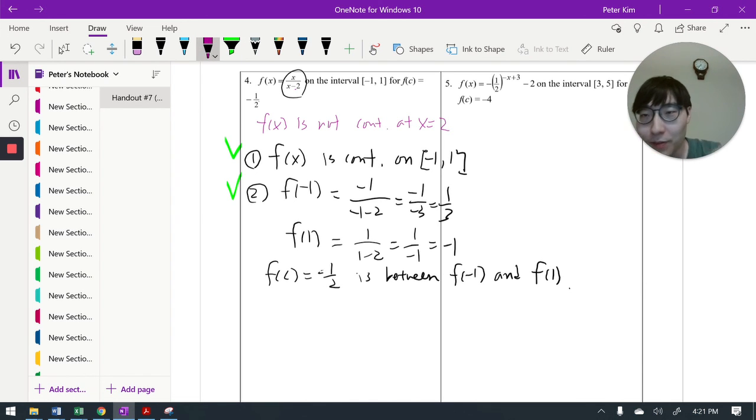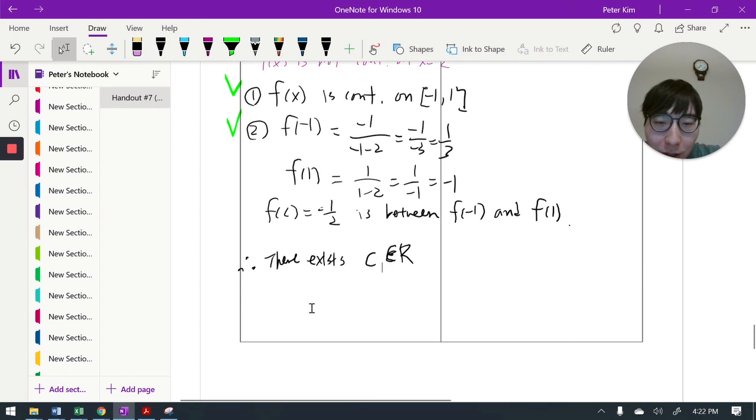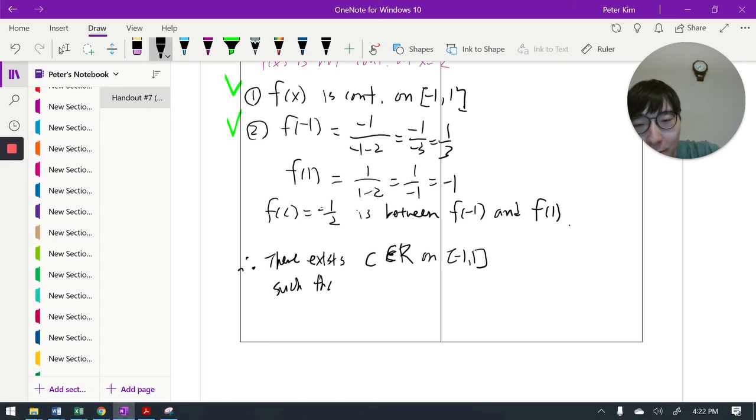So based on this, I can say that there exists some number c, a real number, at least one c on the interval -1 to 1, such that f of c is equal to -1/2 by IVT. Cool, right?